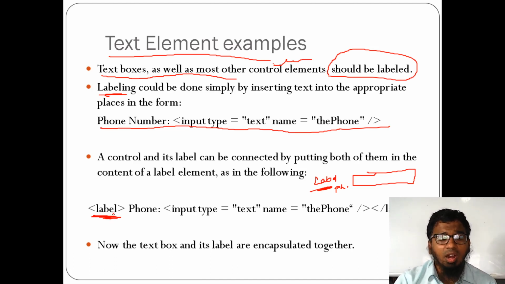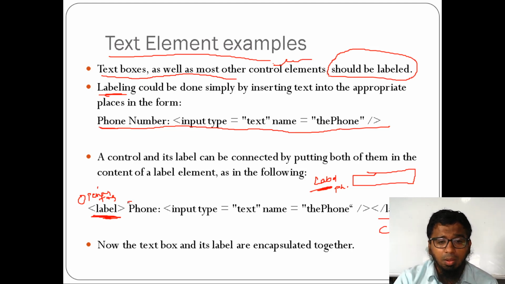If you are not writing the label, no problem, directly you can write, but most browsers will give problems if you do not use the label. A control and its label can be connected by putting both of them in the content of the label element, as in the following. Here we have the opening tag, and here is the closing tag.